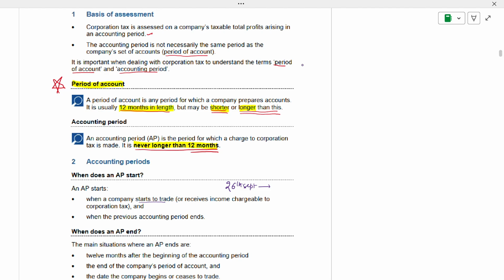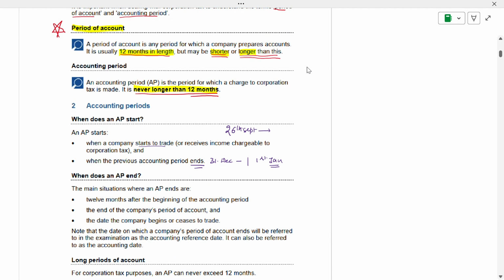Or when the previous accounting period ends. If the accounting period is ending on 31st of December, then from the next day, 1st of January, the accounting period will start. Are you clear about this? Yes, sir.